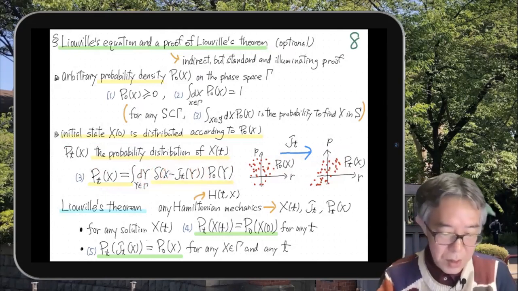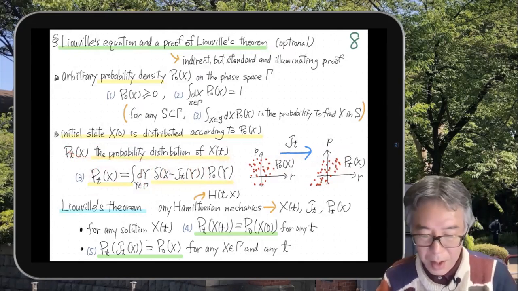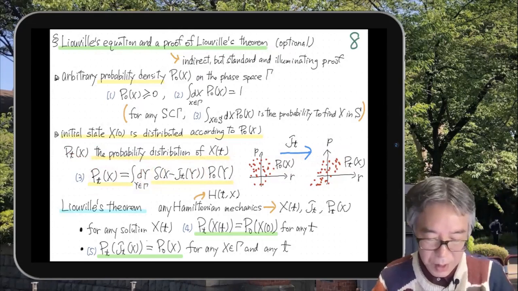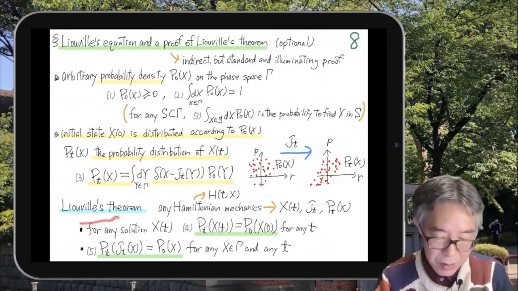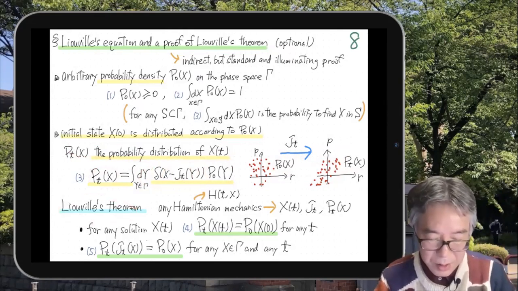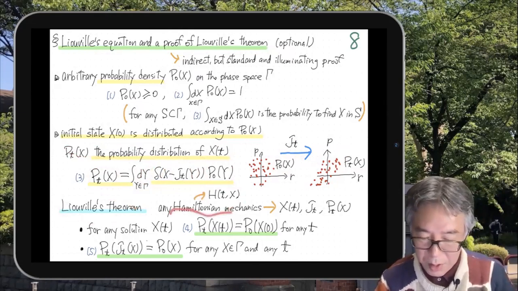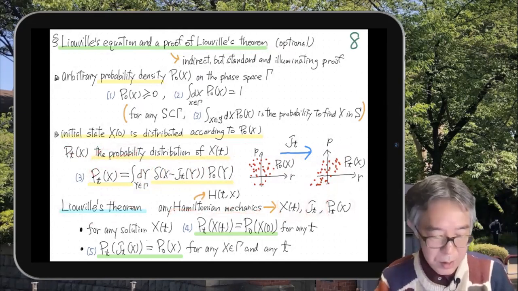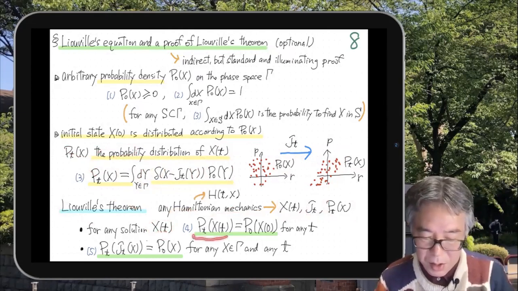So this is a definition of this notion. And then this is one form of Liouville's theorem. Usually Liouville's theorem says that you take any Hamiltonian and corresponding mechanics, and this is the trajectory, the time evolution map, and this probability distribution. Then Liouville's theorem says that for any solution x(t), this is true.